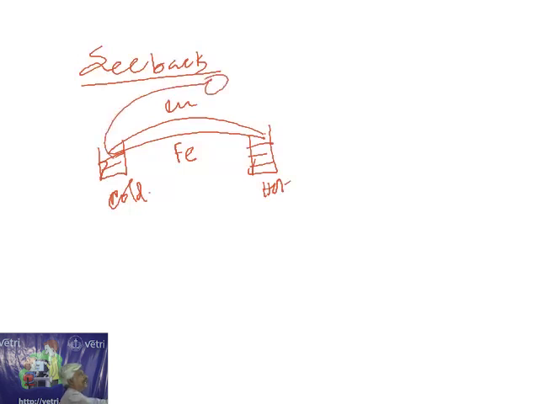If it is connected to a galvanometer, after some time the galvanometer deflects. So this effect is called the Seebeck effect. What is the Seebeck effect? When the junctions of two dissimilar metals are kept at different temperatures, an EMF acts. This is known as the Seebeck effect.